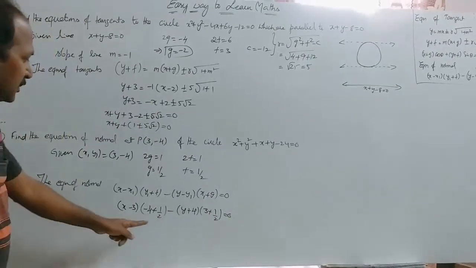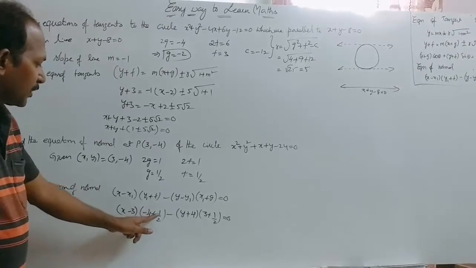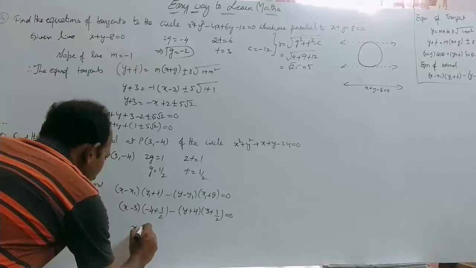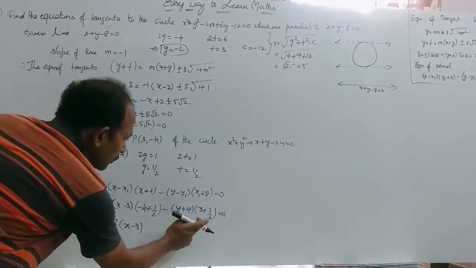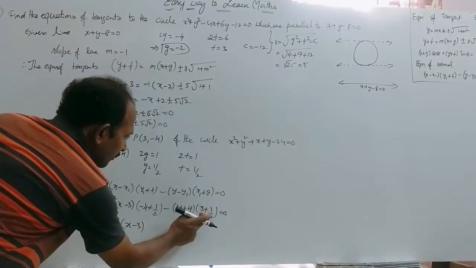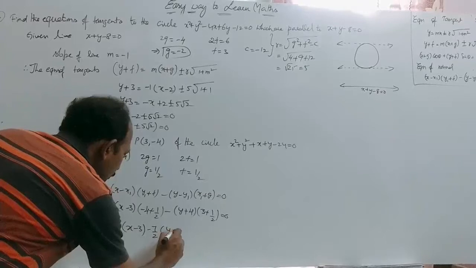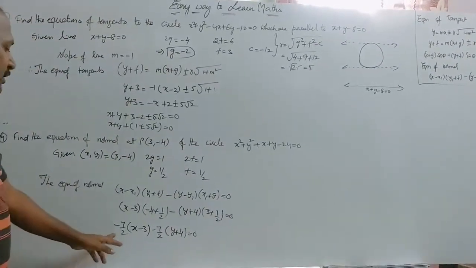Now let us simplify these values. Here LCM is 2, therefore minus 8 plus 1 becomes minus 7 by 2. Therefore (x minus 3) into minus 7 by 2, here 3 into 2 plus 1, 7 by 2. Here also minus 7 by 2 into (y plus 4) is equal to 0. Let us take minus 7 by 2 common.